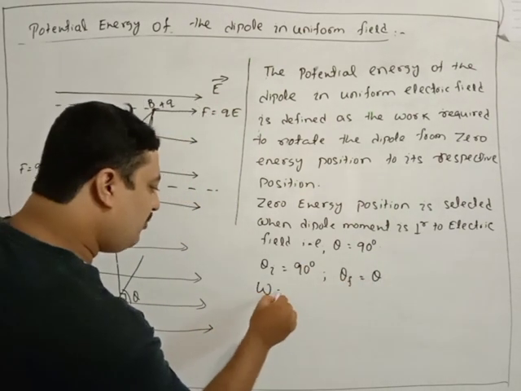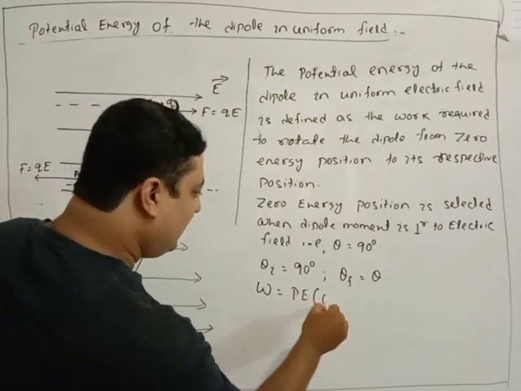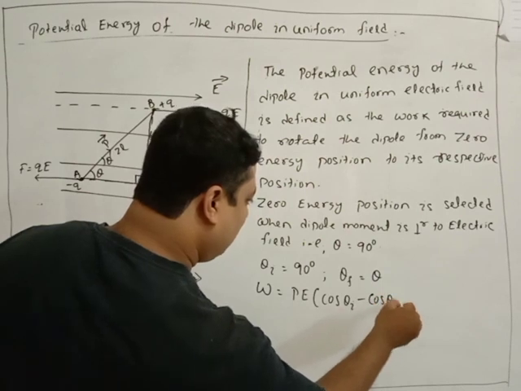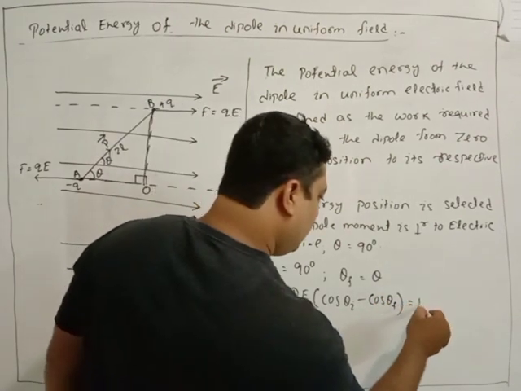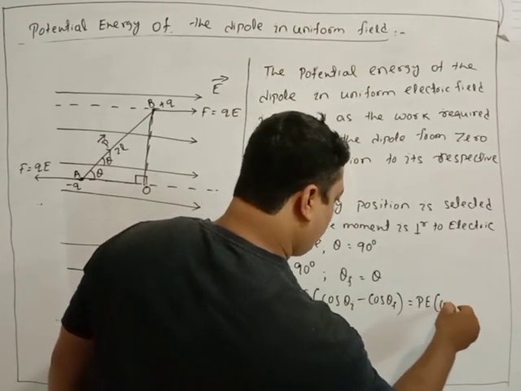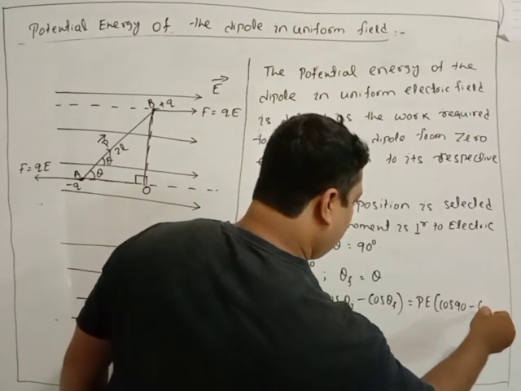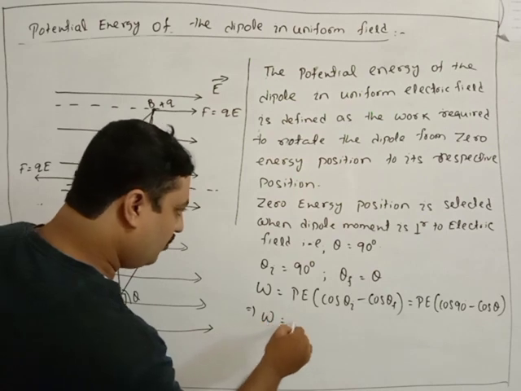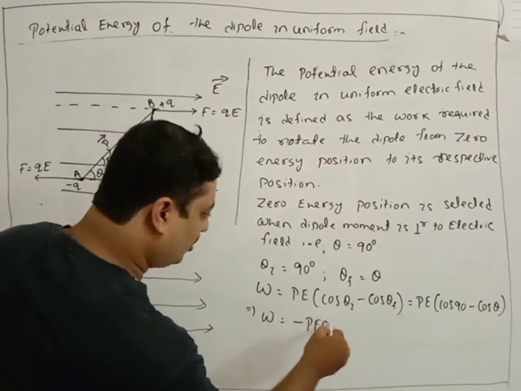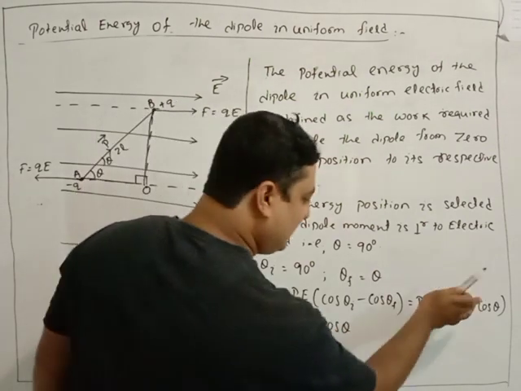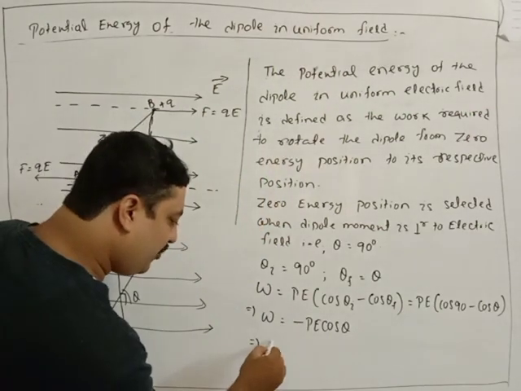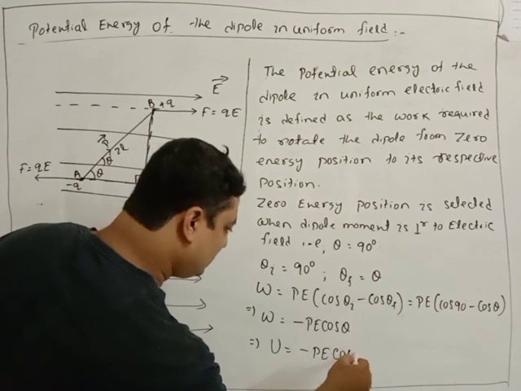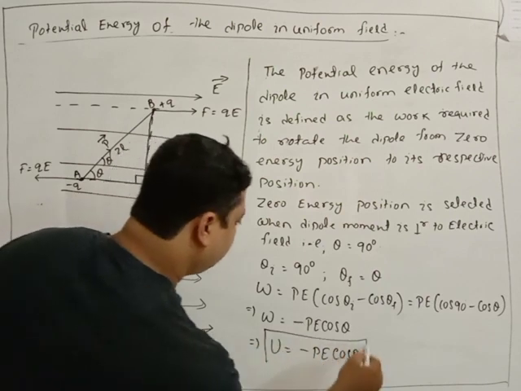So what will be the work done? P into cos theta initial minus cos theta final equals P into cos 90 minus cos theta. So work equals minus P cos theta, because cos 90 is 0. This is the potential energy. So U equals minus P cos theta.